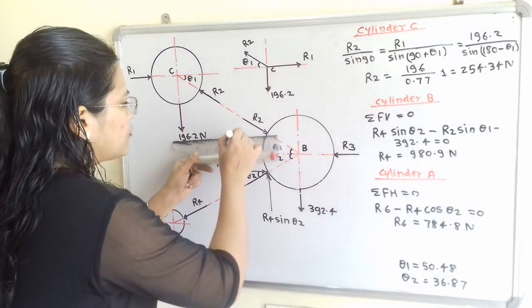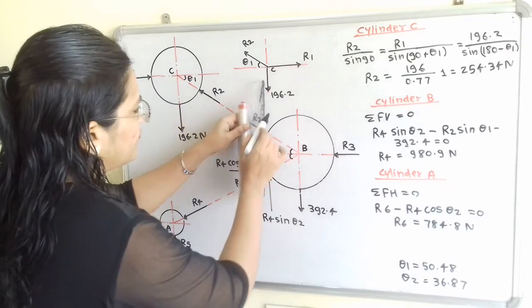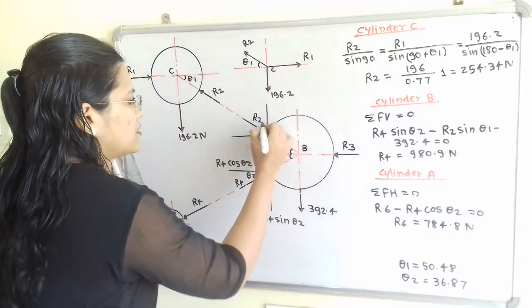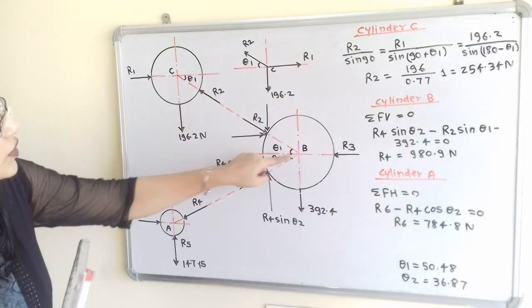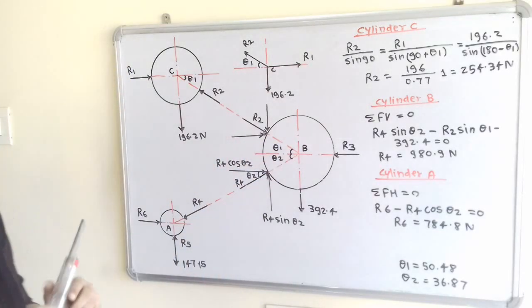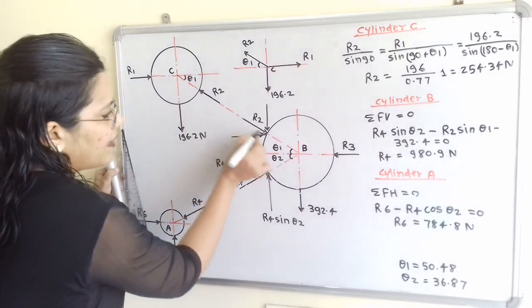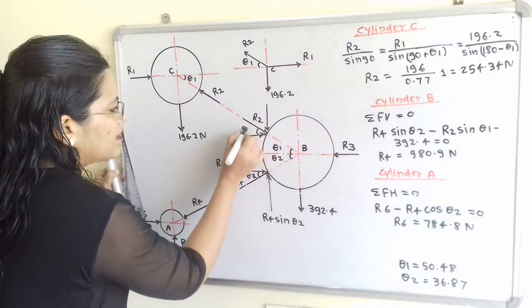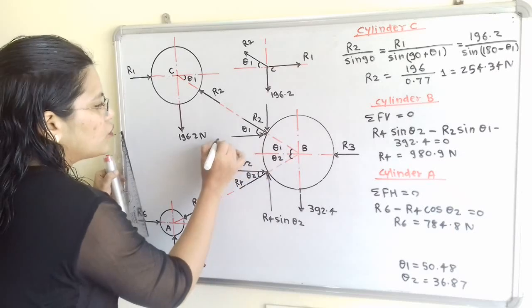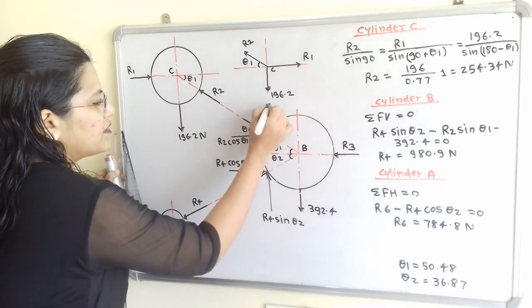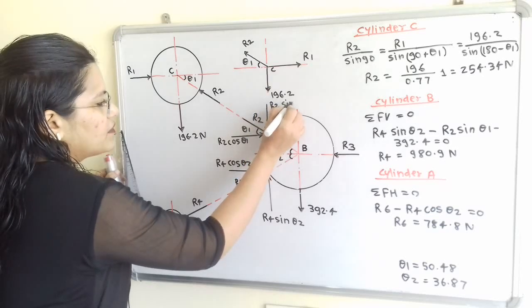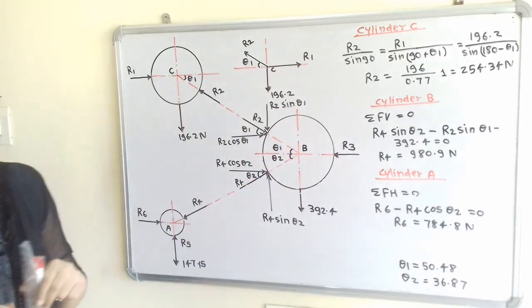So here we will draw one horizontal and one vertical line, in the same direction of R2. Now how to decide angle? So this horizontal line and this horizontal component are parallel to each other, and this is the common line. So this angle is theta 1. So for this horizontal component, R2 cos of theta 1, and here R2 sine of theta 1.